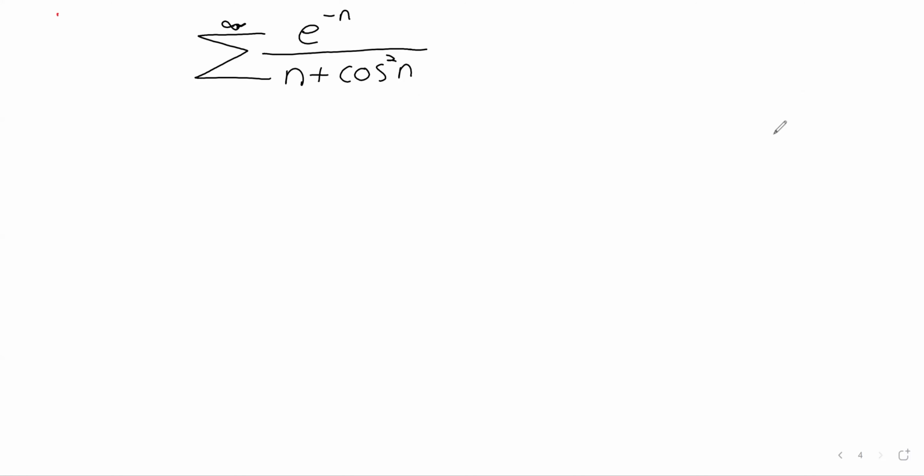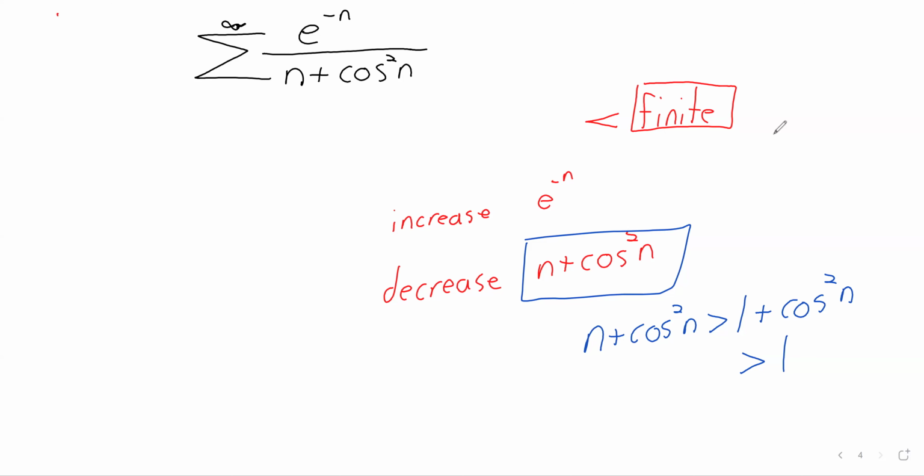And then if we get rid of addition, that will shrink it further. So we can just take the denominator and shrink it down to 1. And usually that doesn't work. Usually if you shrink the denominator down to 1, you're going to wind up with a divergent series and the comparison test is going to fail. It's because this e to the n is doing such a job of causing this to converge that we're able to go so far with the denominator.